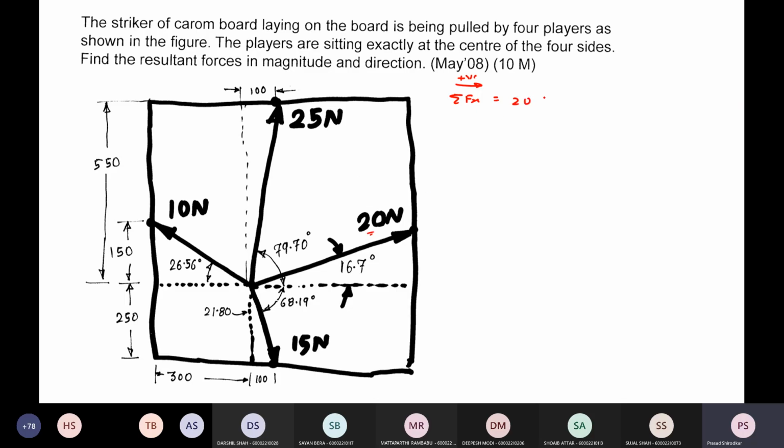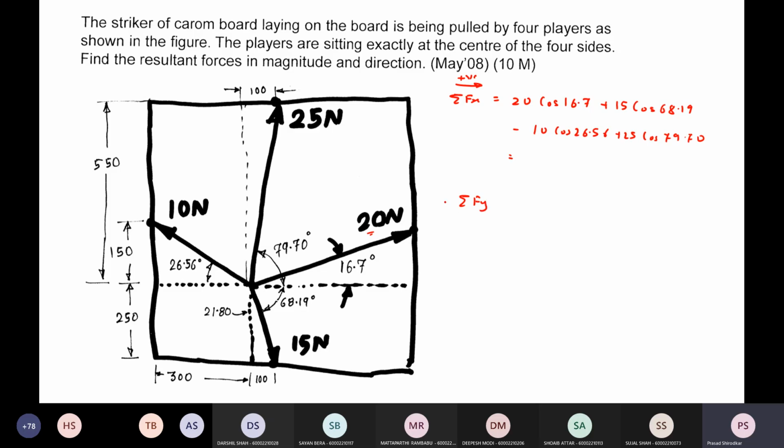It will be 20 cos 16.7 plus 15 cos 68.19 minus 10 cos 26.56 plus 25 cos 79.7. Okay, so this is summation Fx. So calculate and tell me the value.